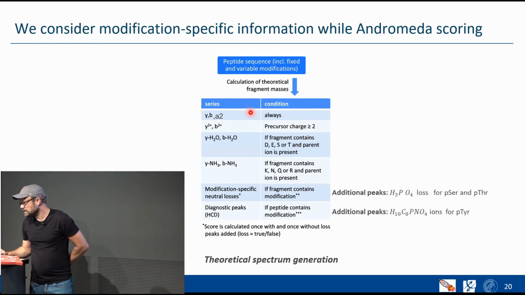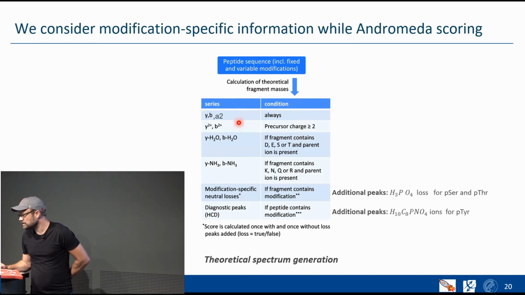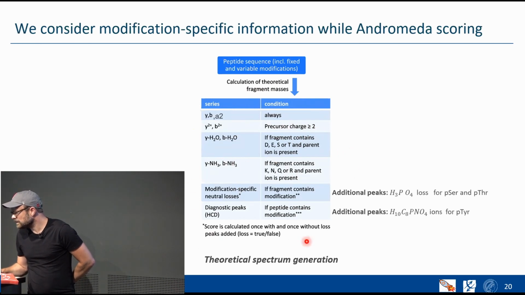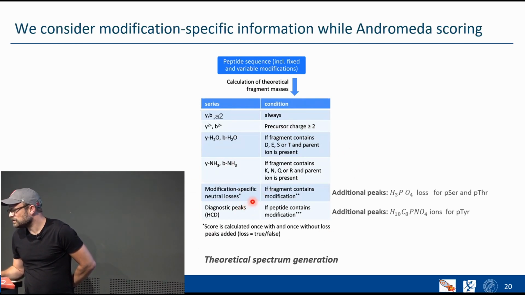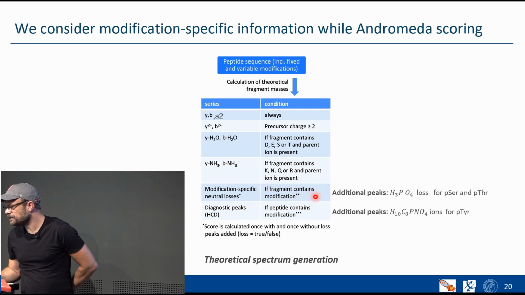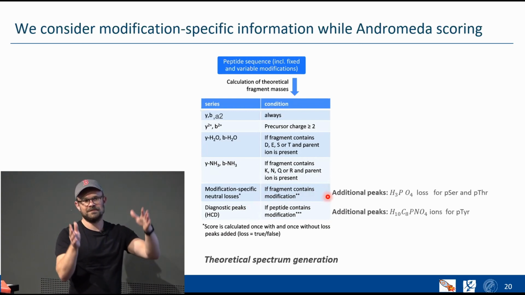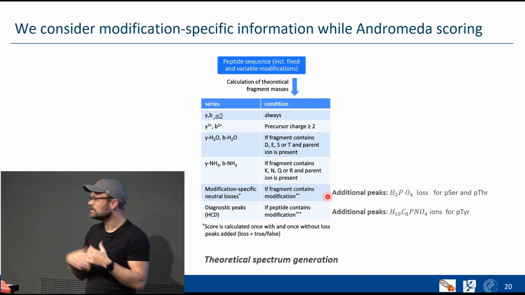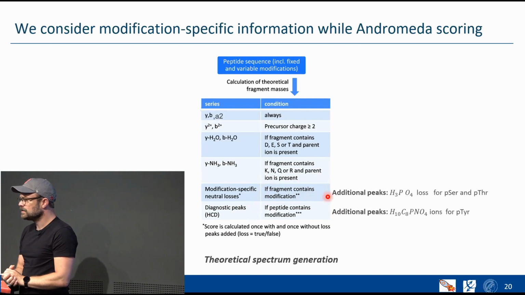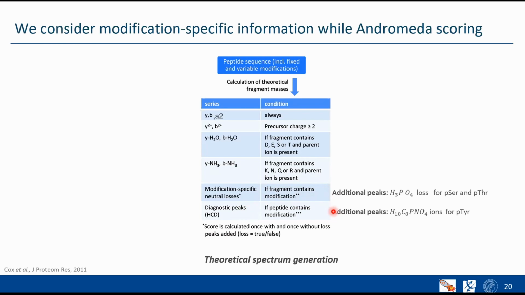Here you see the conditions, and here you see the ion series, and this is now getting interesting. If you have modifications, then you calculate the specific neutral losses. They should be considered in your theoretical spectrum, and this is the same for the diagnostic peaks. That just brings additional peaks in your theoretical spectrum, which you can then use.